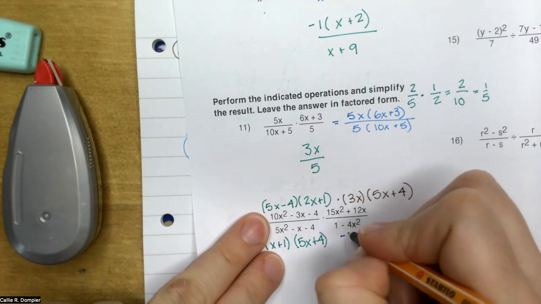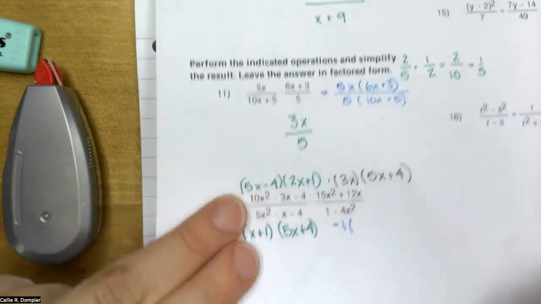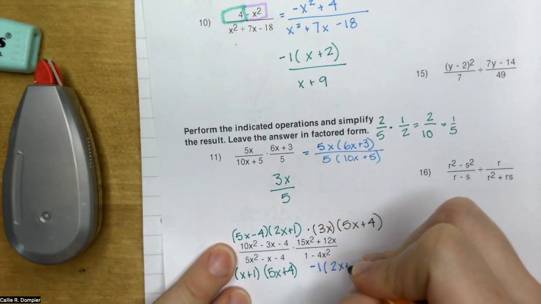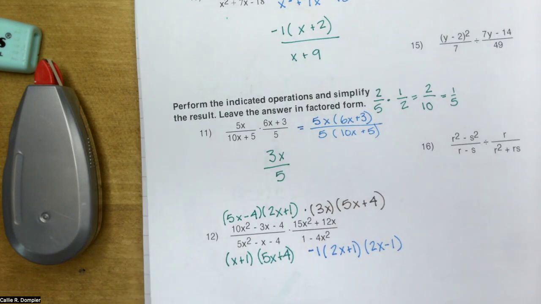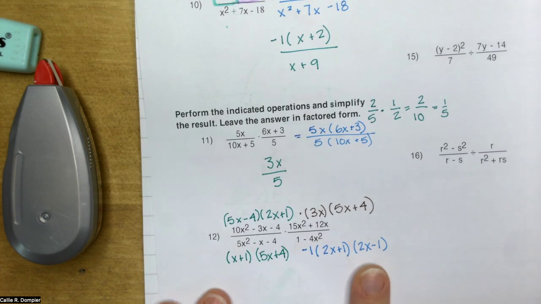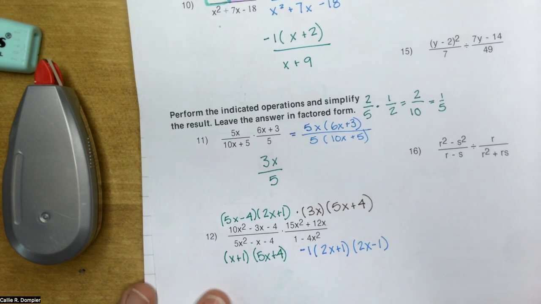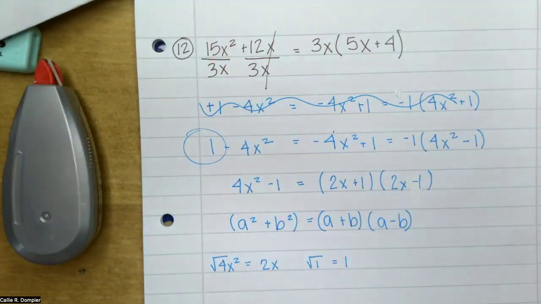We have that -1 that we factored out, and then we're going to say 2x plus 1 times 2x minus 1. Good. So before we multiplied, we factored out each part. Okay. Now we put them all into one line.